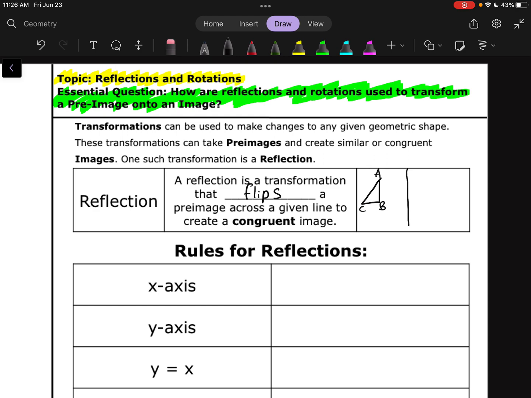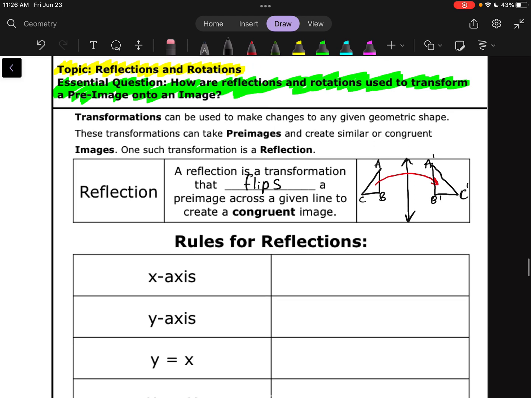And we want to flip it across this line. Then it's going to end up over on this side. But now it's going to look like this, right? A prime here, C prime over here, B prime there. So if we want to flip it across a line and not change anything else, so to leave it congruent but just flip it, that's a reflection.